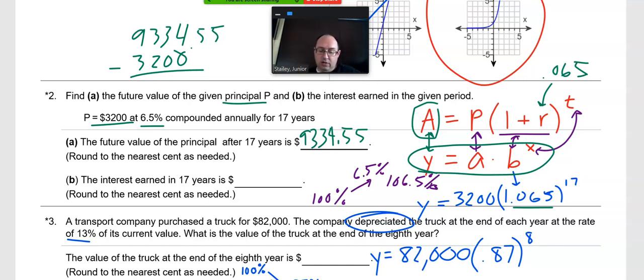So using our handy-dandy calculator, oh my goodness, why can't I find my calculator fast when I need it? 9334.55 minus 3,200. There we go. 6134.55. Yeah, the government wants to tax you on that $6,000. They want their money.